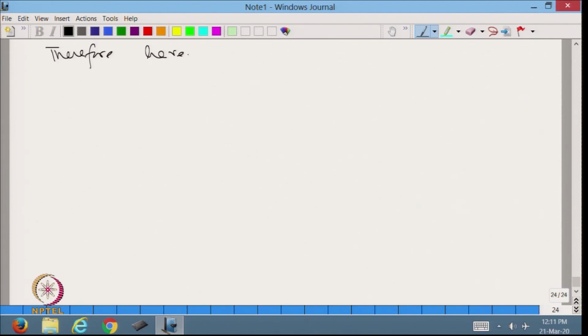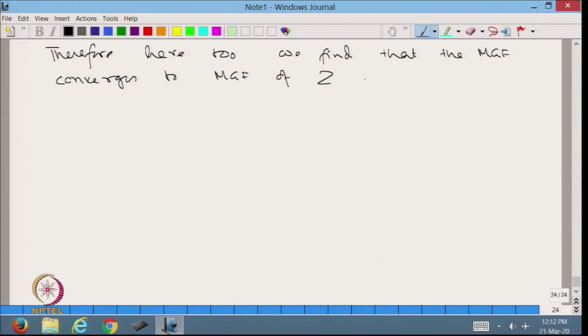Therefore, here too we find that the MGF converges to the MGF of Z, which is equal to normal 0, 1.